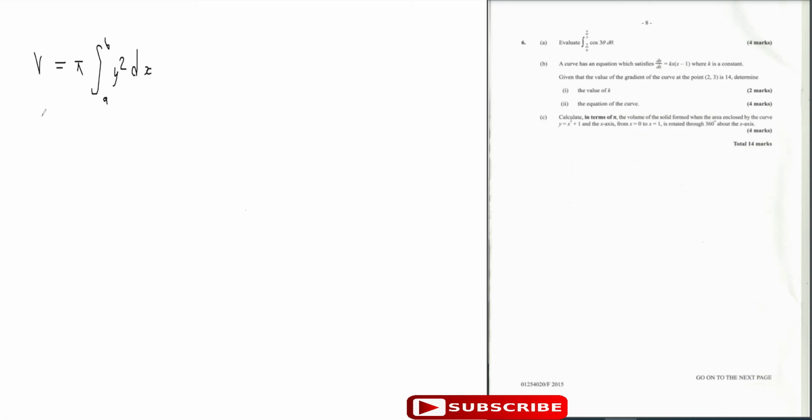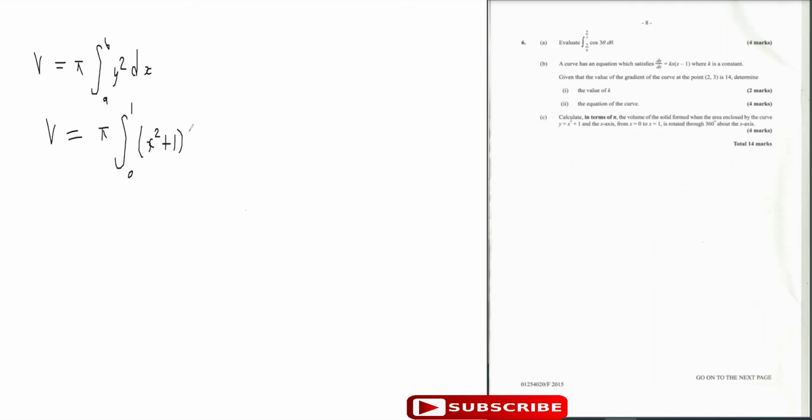So what does that tell us? Then volume is equal to pi times the integral from 0 to 1 of y squared. Y squared is going to be x squared plus 1 all squared dx.